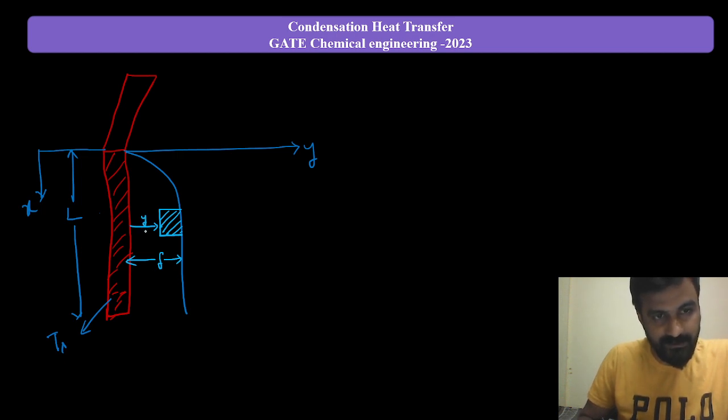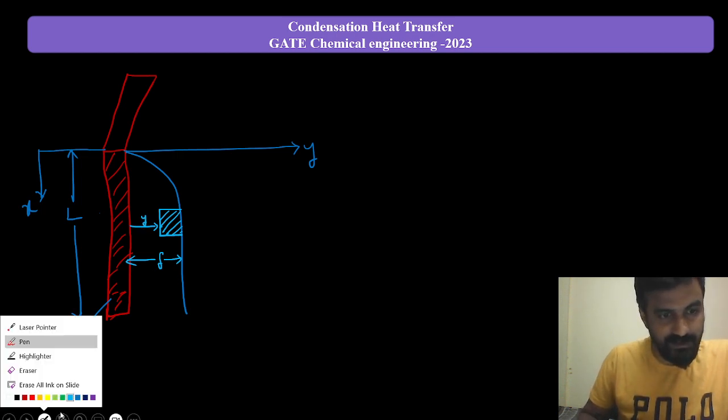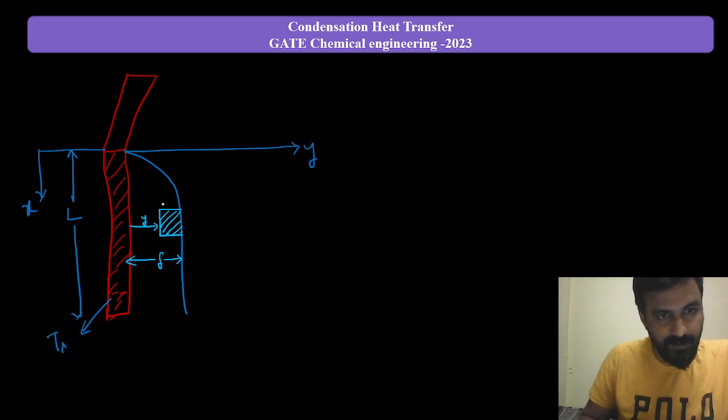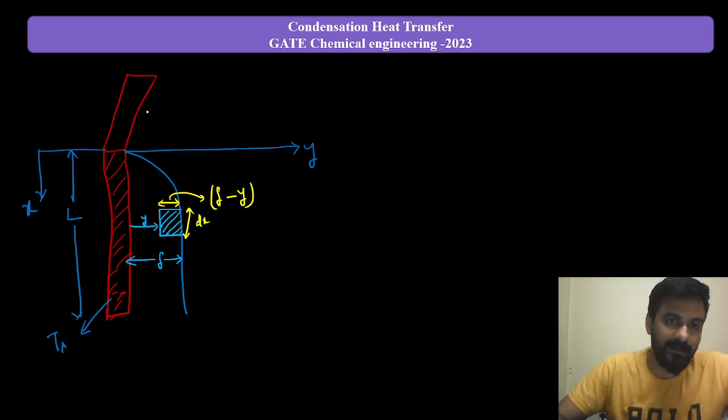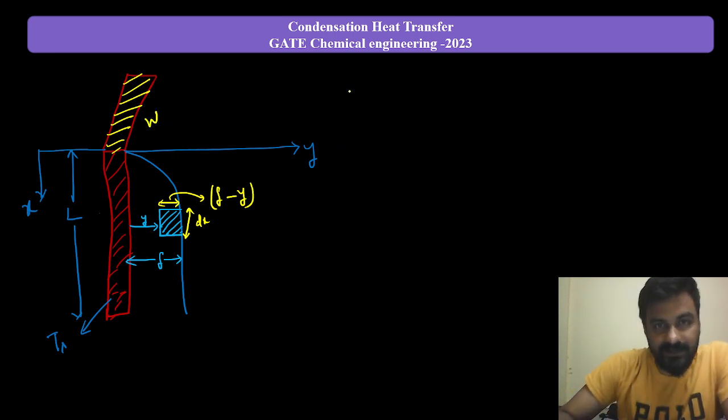Since this is delta, this is y, so this particular distance will be, my dear students, delta minus y. Do you agree with this? And I am assuming this thickness is dx, and the width of this plate along this direction is w. I think up to this you are clear.